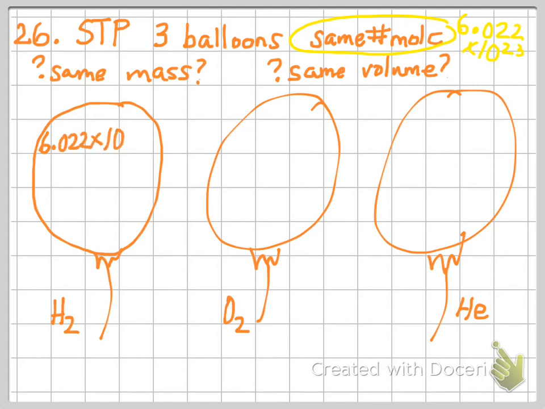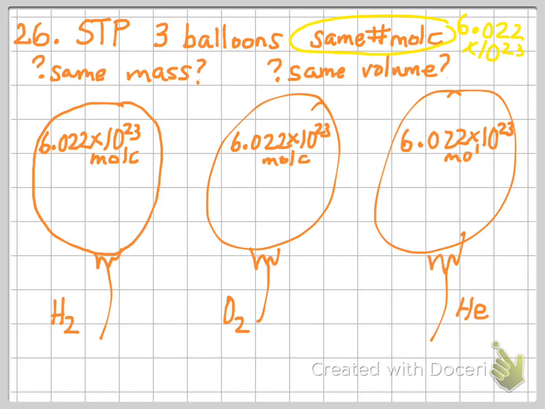Why am I purposely putting 6.022 times 10 to the 23rd molecules in each? Why didn't I just put 1 or 2? Why did I choose this special number? Did you figure it out?